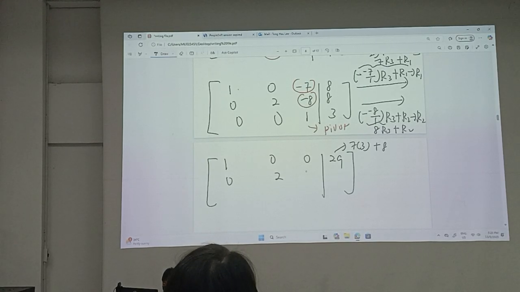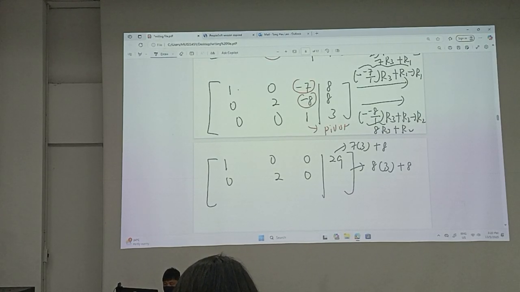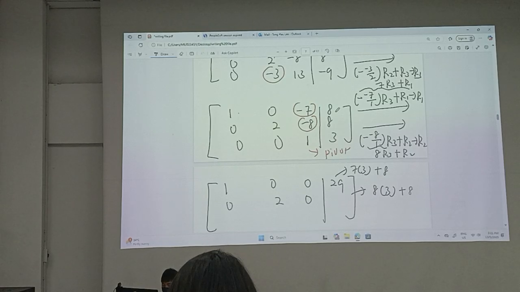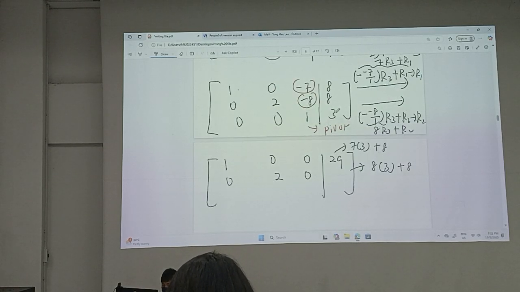So as a result, negative 8 will turn to 0, and here we need to do the calculation. 8 times R3 equal to 24, plus R2, equal to 32. Yeah, correct. 32 is correct.